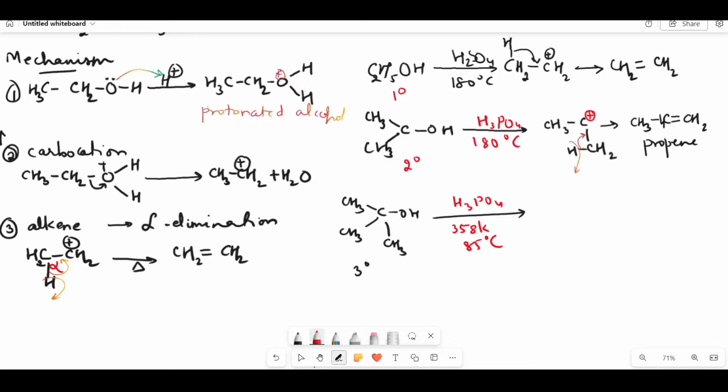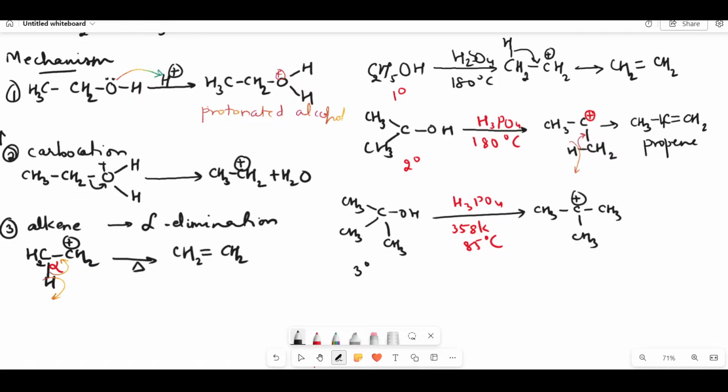The temperature has been reduced drastically. Since it is a 3 degree alcohol, the same type of carbocation will be formed next to the OH functional group. So C, CH3 and this CH3, I am putting it over here. So I got a carbocation over here.